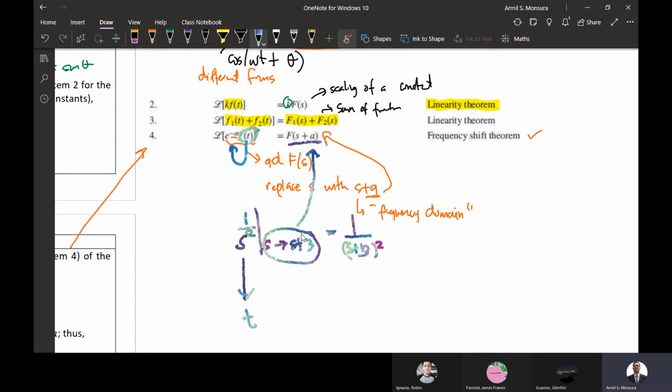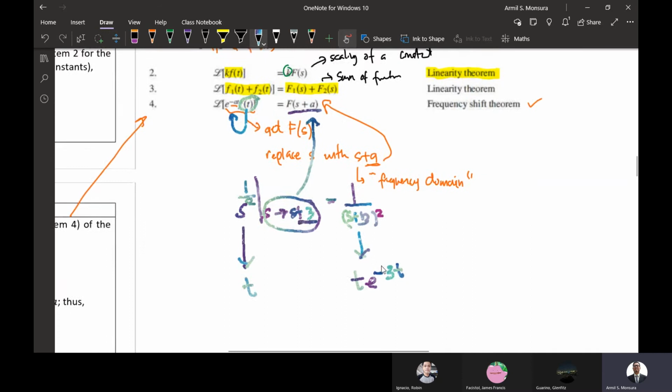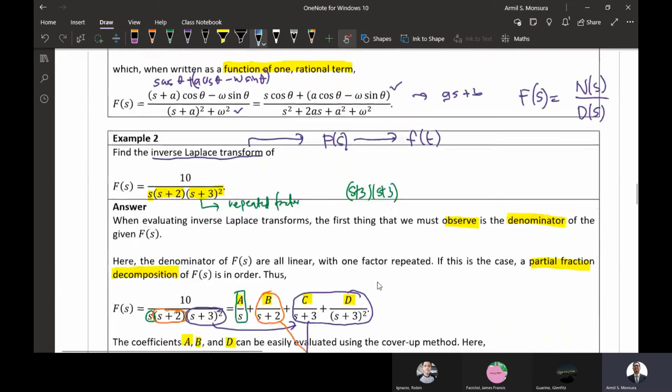But in this case, yung a na yon is yung plus 3 dyan. Kaya ang magiging inverse ngayon nito is t times e raised to negative 3t. Okay? So, I hope maliwanag yung part na yun.